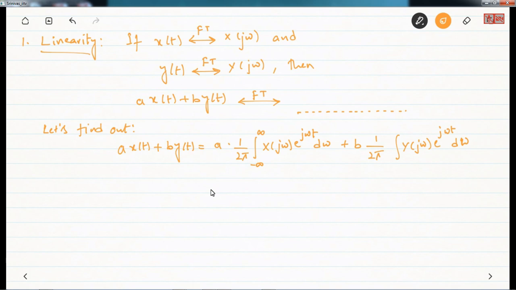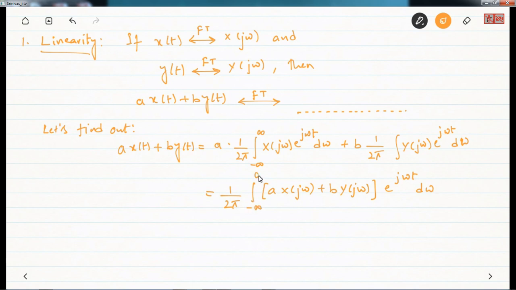So I can write this as 1 over 2 pi integral of a X of j omega plus b Y of j omega, I'm simply clubbing these two integrals, e power j omega t d omega.